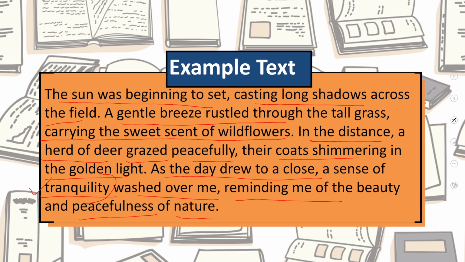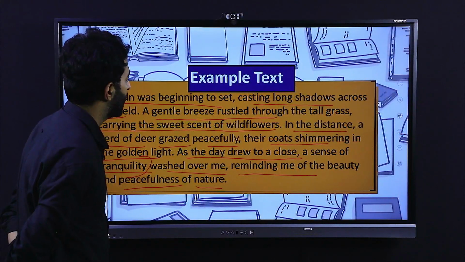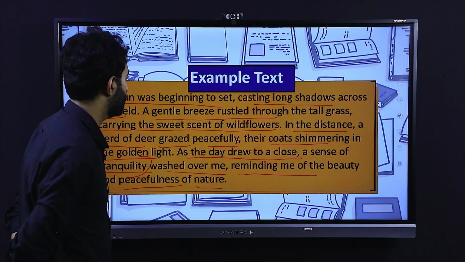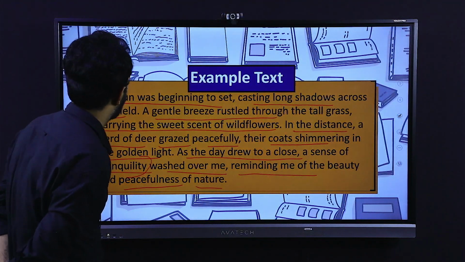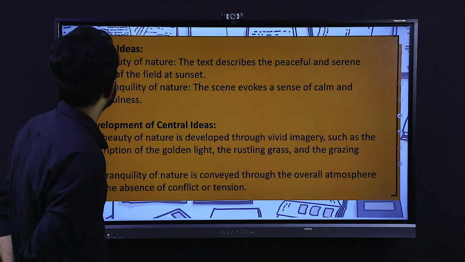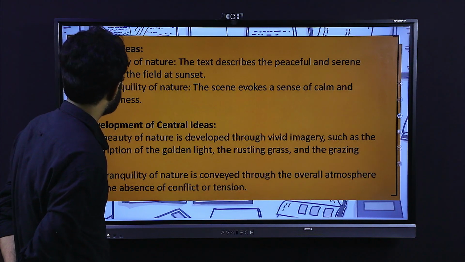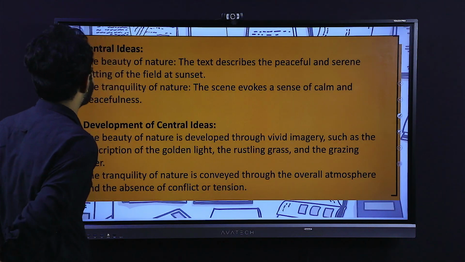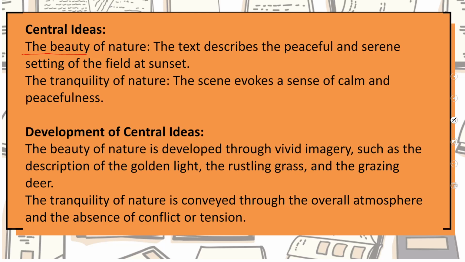So, yes, we can easily identify and deduce the theme which is about nature, but here we can also see that it has two central ideas. Let's talk about the central idea. First, the author of the text talks about the beauty of nature.